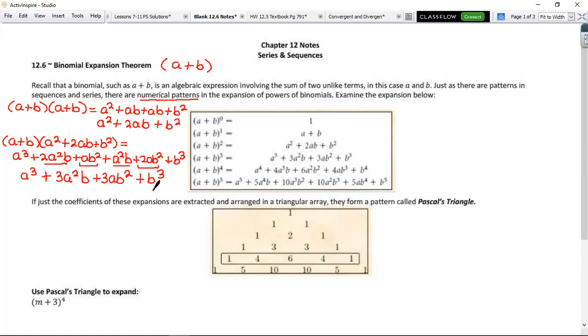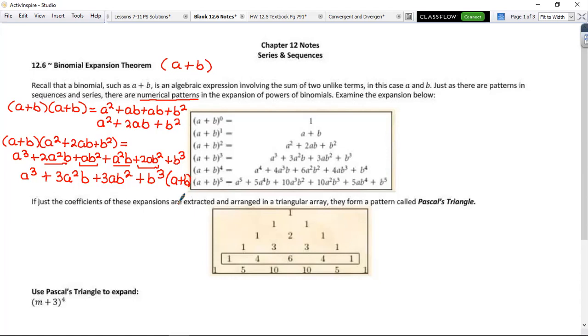So again, another pattern. I won't make you multiply out your 4th power, but I just want you to look at it. So if I took a plus b to the 4th power, I would essentially have to take this answer times another a plus b, which is very time consuming. I would combine like terms, and I would get this line right here.